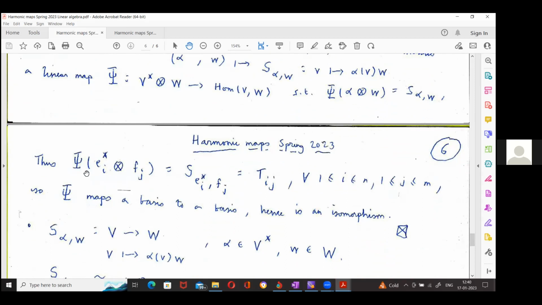So this linear map Psi applied to e_i star tensor f_j goes to the element of Hom(V, W), S_{e_i star, f_j}, and this linear map is exactly the linear map T_ij, which we defined earlier. So we've shown that the T_ij are a basis, and we know that these e_i star tensor f_j are a basis. So this linear map maps a basis to a basis. Hence, it's an isomorphism. Is that clear?